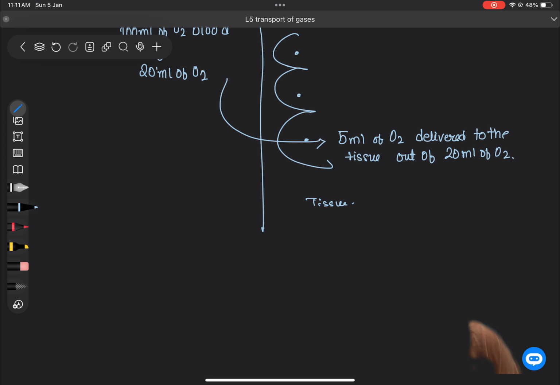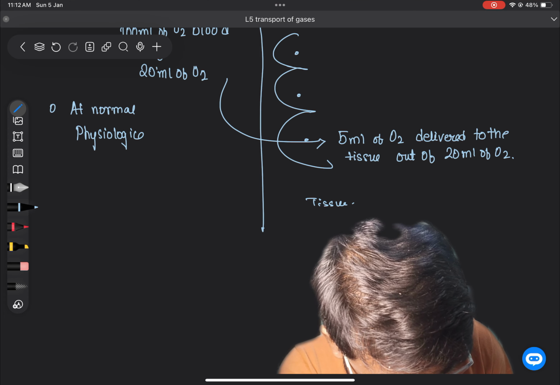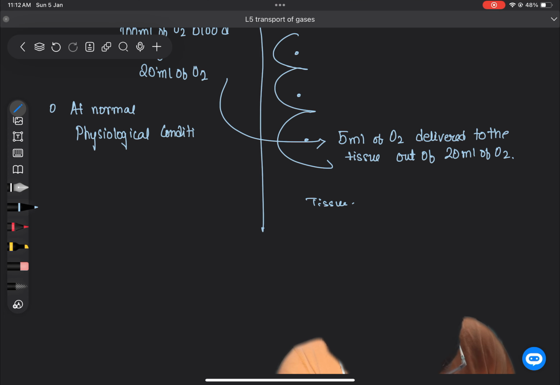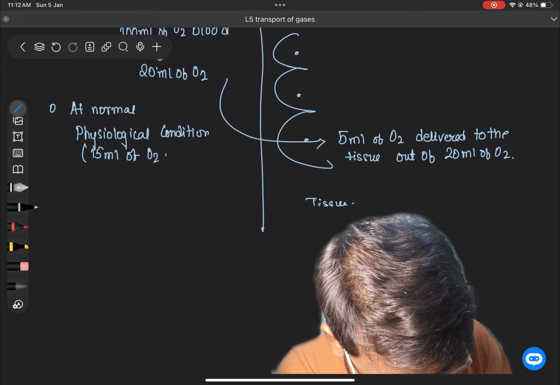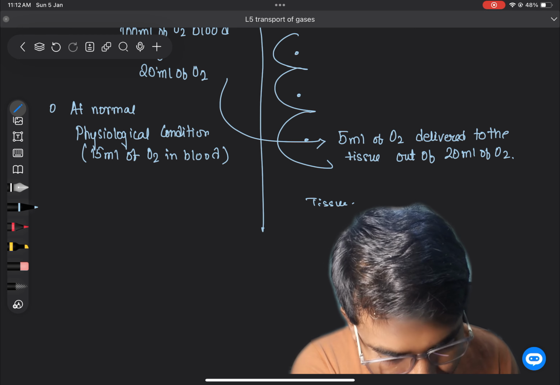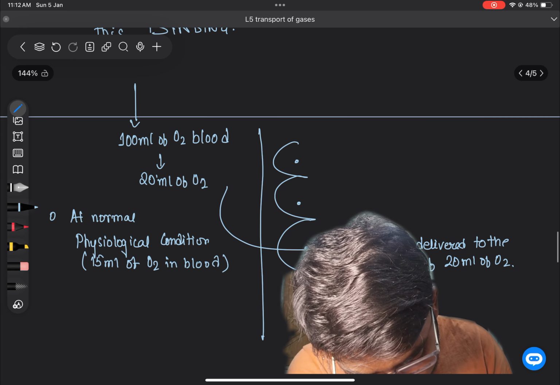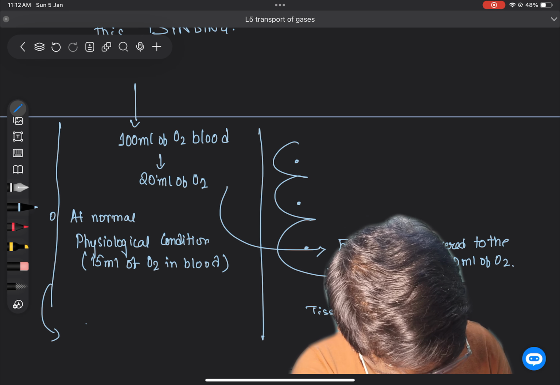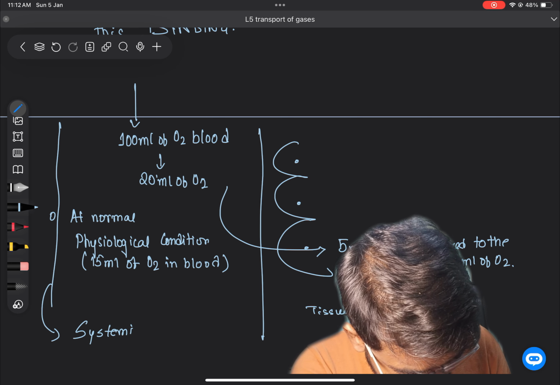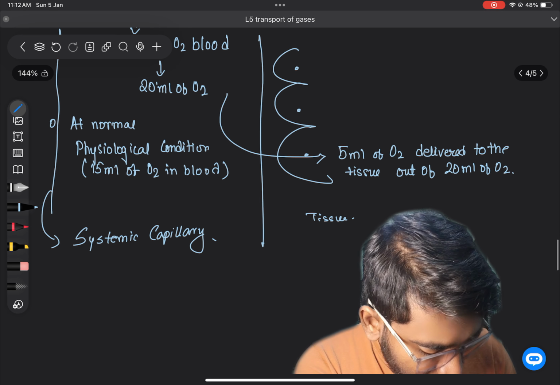At normal physiological condition, the blood carries 15 ml of oxygen, and 5 ml of oxygen is delivered to the tissues. This is called the systemic capillary. Here in the systemic capillary, it is a systemic vein.